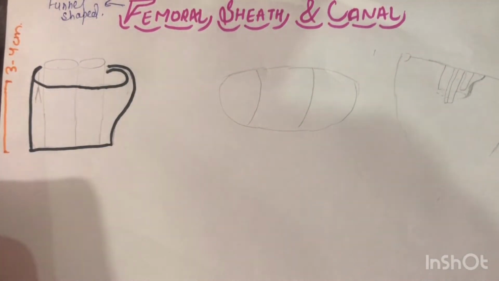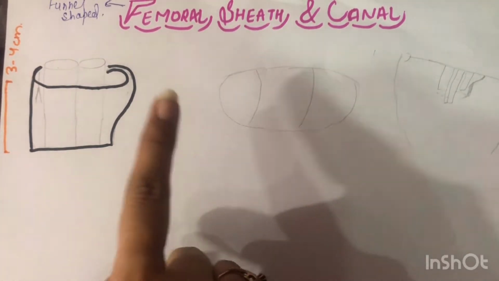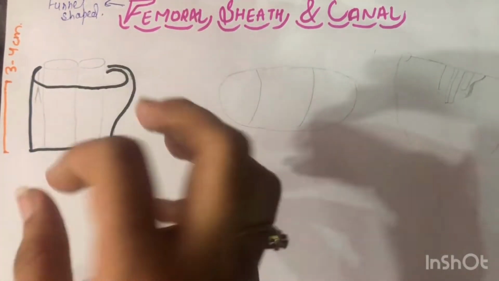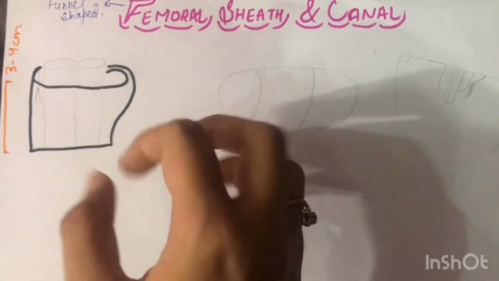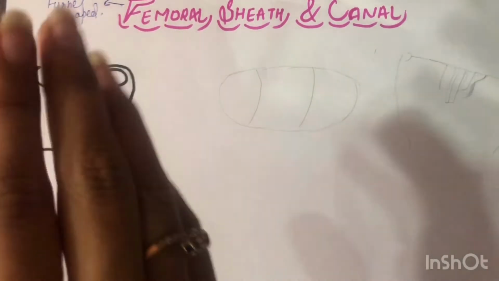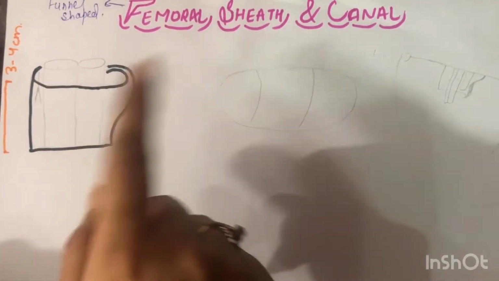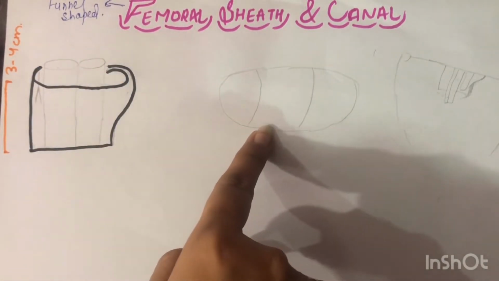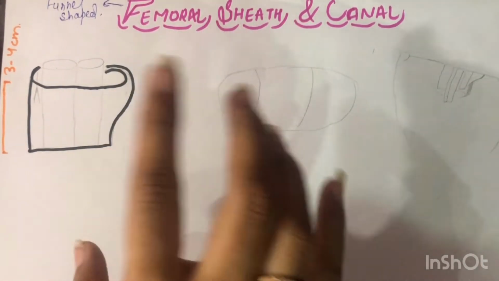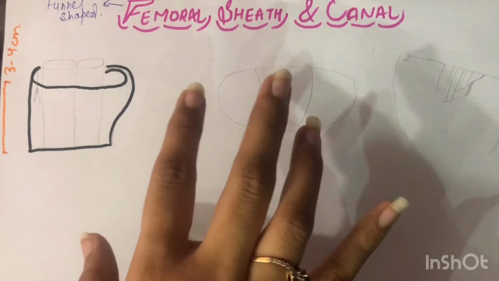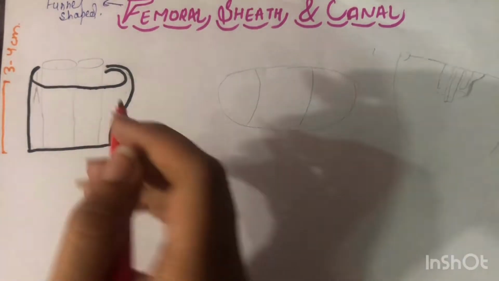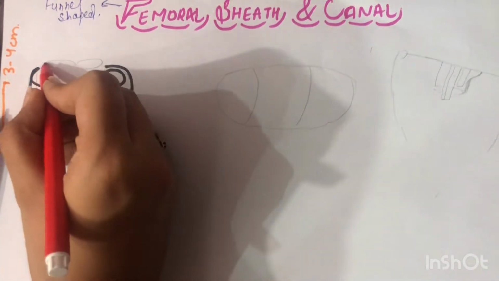Now I told you in my last video that it has three things: the femoral artery, femoral vein, and the lymphatics. It is divided by the intramuscular septums. I'll show the intramuscular septum in this figure, but here let's discuss its boundaries and its contents. Superficially, the first one here is the femoral artery.